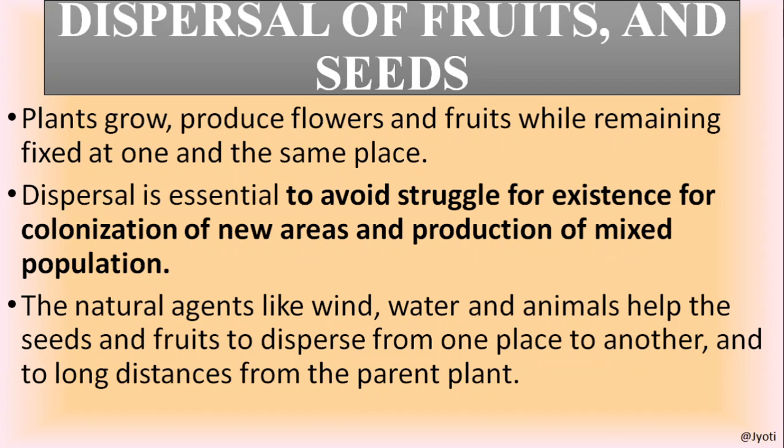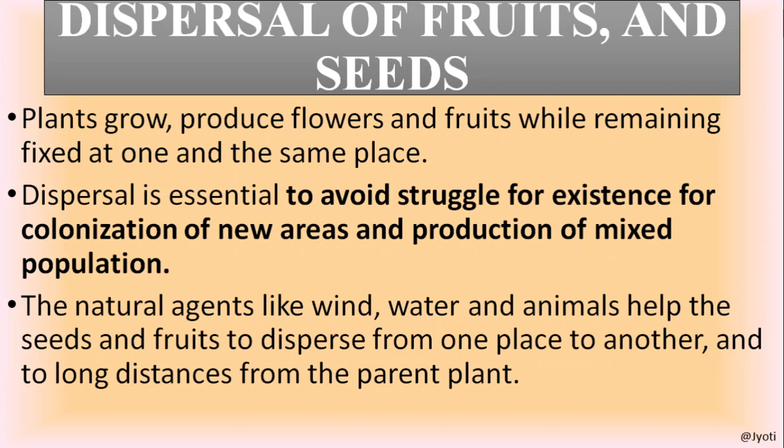When all the seeds fall at a place, then they will struggle. There will be a struggle for existence, for colonization of new areas. And in order to avoid this struggle, in order to avoid this competition, there is an automatic mechanism in the plant that is called dispersal of the seed. So what is dispersal?